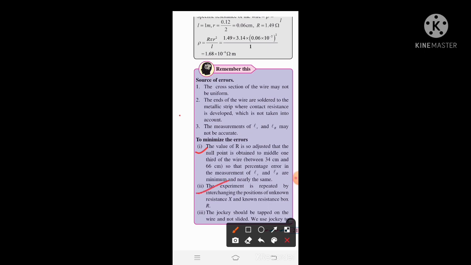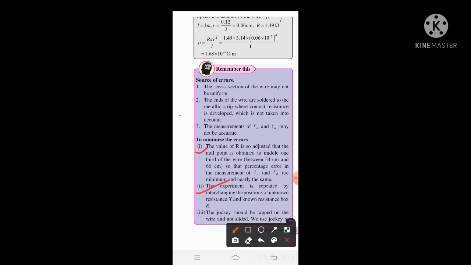After that, the second minimization is that the experiment is repeated again and again, by interchanging the positions of the unknown resistance X and the known resistance box R. For the minimization of errors produced due to contact resistances, we repeat the experiment by interchanging the position of the unknown resistance and the known resistance box.